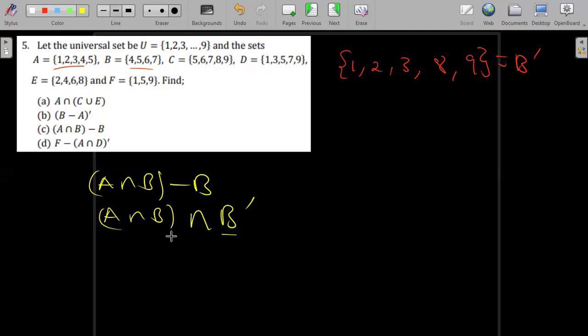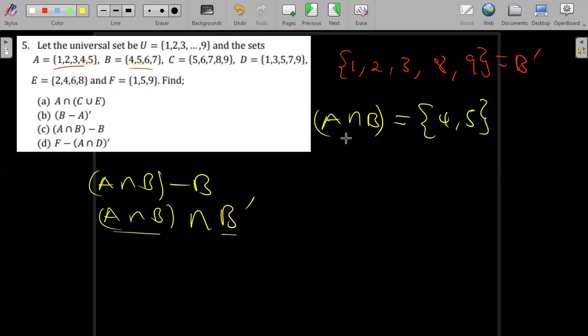So I have my B complement and I can find my A intersect B. My A intersect B are the common elements that are in both A and B. If I look closely at my A and my B, I see what is common. There's 4 there, there's 4 there, there's 5 there, and there's 5 there. So what is common in both is 4 and 5.